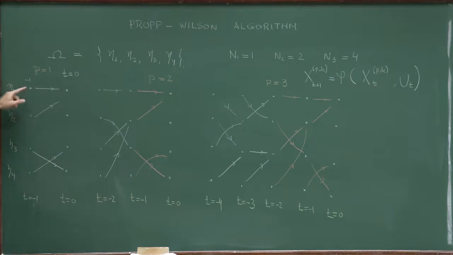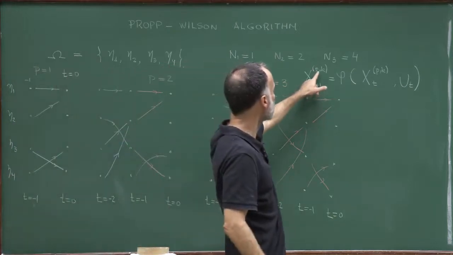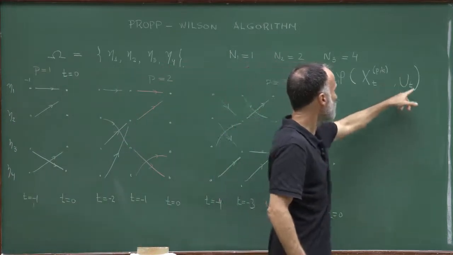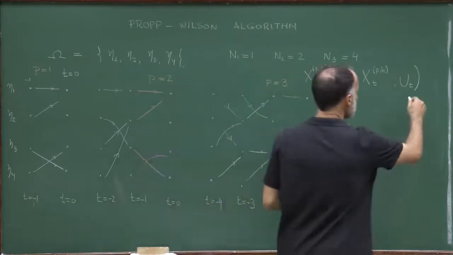We start the 4 chains at time minus 1, one which starts at eta 1, one at eta 2, the other at eta 3, and eta 4. And this is the result. So eta 1 jumped to eta 1, eta 2 to eta 1 by running our algorithm. So I'm taking here p equal to 1. I'm taking the random variable u minus t here.